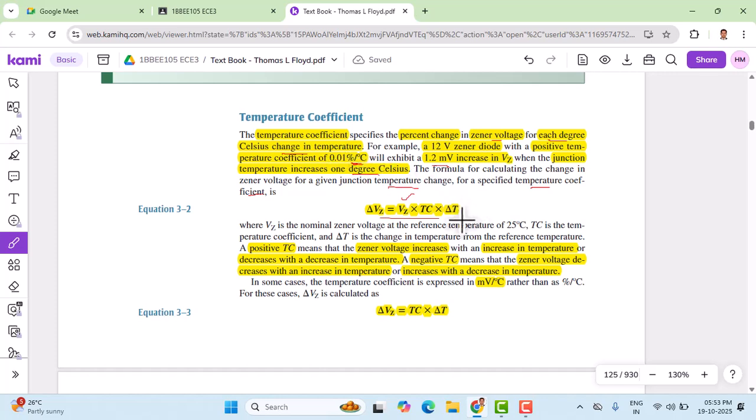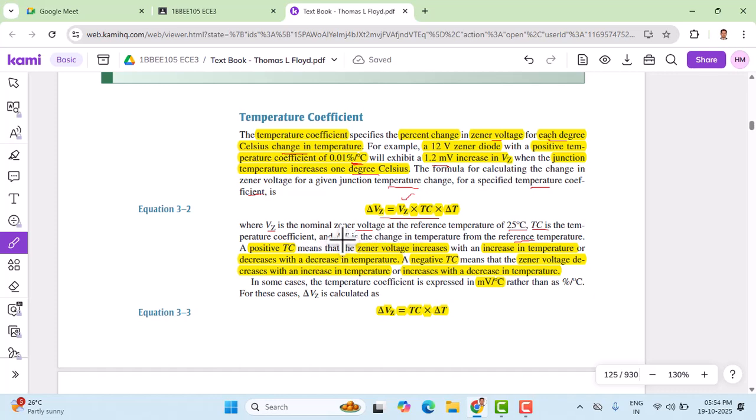And delta T is the change in temperature. So Vz is the nominal Zener voltage at the reference temperature of 25 degrees Celsius, Tc is the temperature coefficient, and delta T is the change in temperature from the reference temperature. Reference temperature is already given as 25 degrees Celsius.